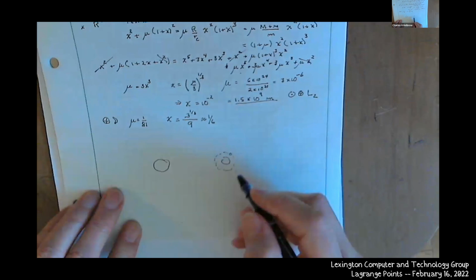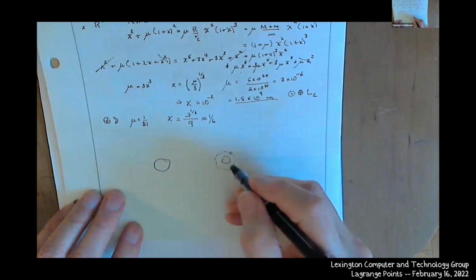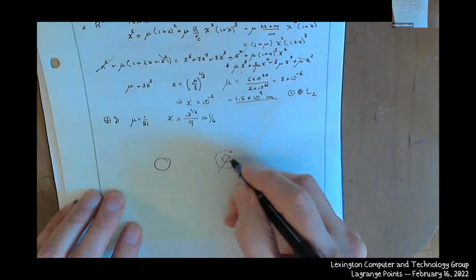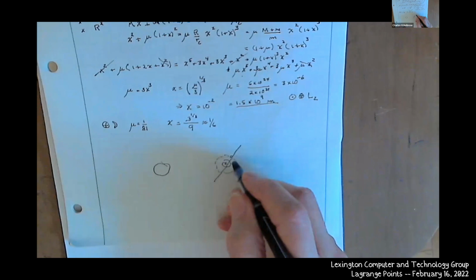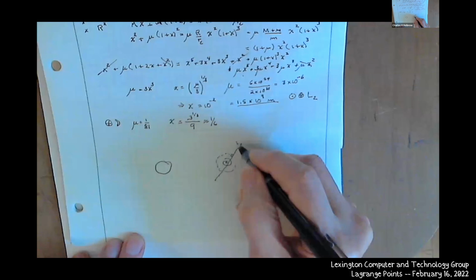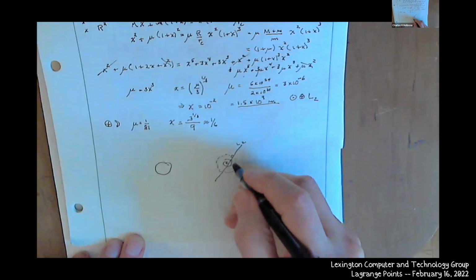So Peter, we have a set of 3 points along this line. Here's the Earth. Here's the moon. And out here there will be L2, and there'll be L1 somewhere in here, and there'll be L3 right about there.